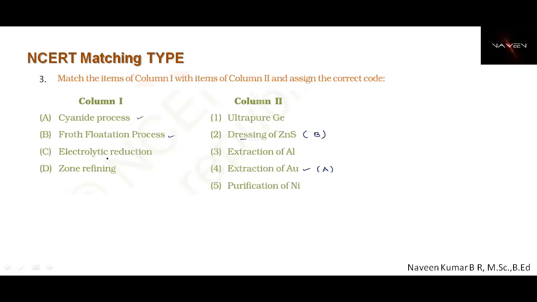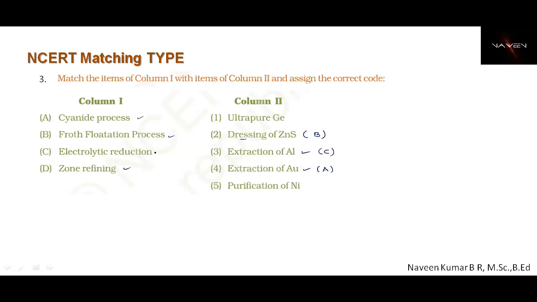Electrolytic reduction. We know that electrolytic reduction is generally used for reactive metals. We can consider the Hall-Héroult process that we learned, so you can remember. The extraction of aluminium by the Hall-Héroult process can be taken as an example for electrolytic reduction. Then zone refining.